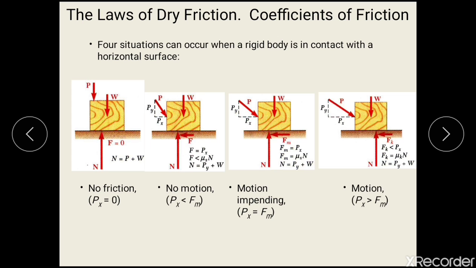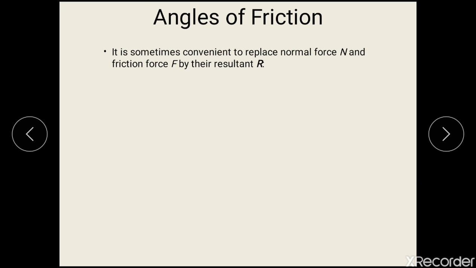Condition number 4: the horizontal force is higher than the limiting friction force, which is considered as motion. So Fm converts into Fk, the kinetic friction. These 4 important conditions help to solve different types of problems in the friction topic.